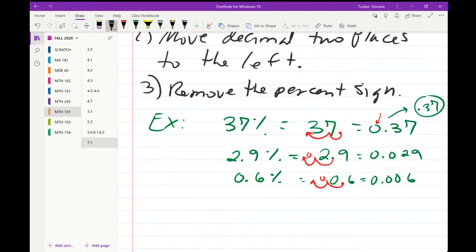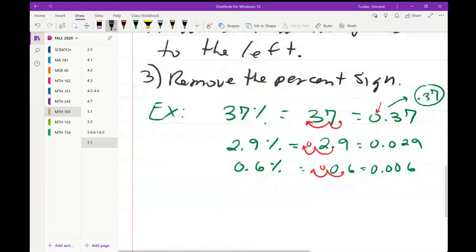All right, so the decimal to percent, percents to decimals. This is percents to fractions.